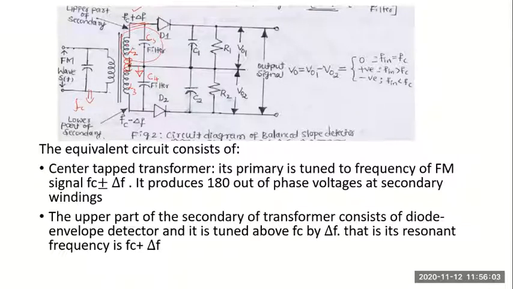So we choose the values of L2 and C3 in such a way that it gives us maximum output voltage at the frequency Fc plus delta F. Similarly, this lower part of the circuit, L3, the second half of the transformer windings, and C4 will be tuned to the frequency Fc minus delta F. Okay, the minimum frequency in an FM wave is Fc minus delta F. The highest frequency is Fc plus delta F. So you see the upper half of the transformer secondary is tuned to the higher frequency, Fc plus delta F, and the lower half is tuned to the lower frequency Fc minus delta F.